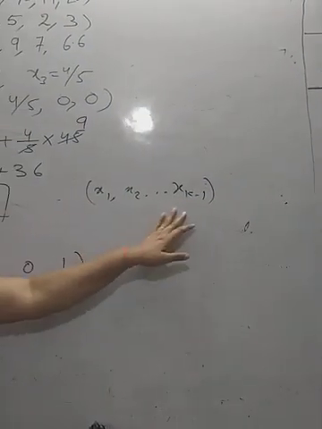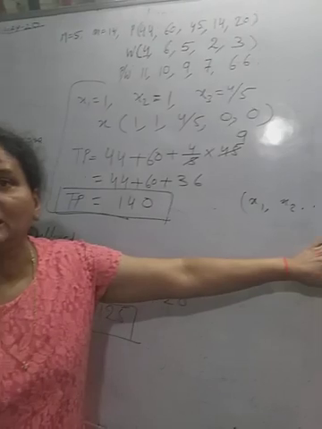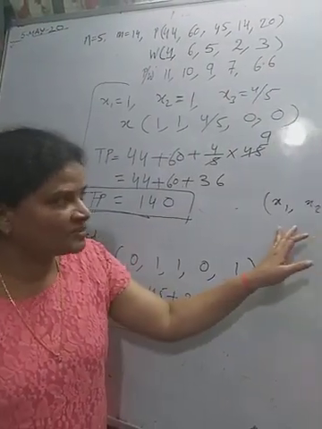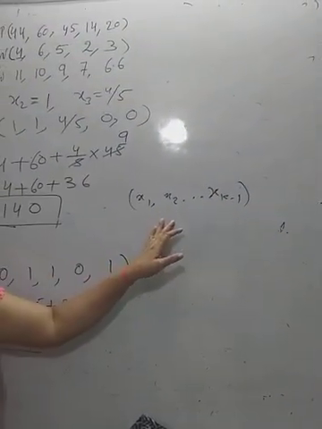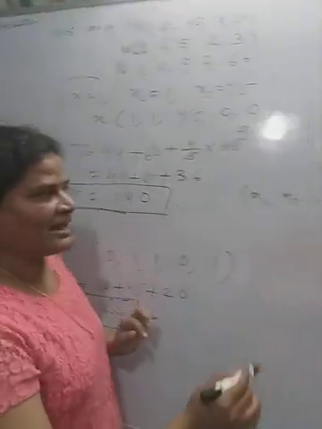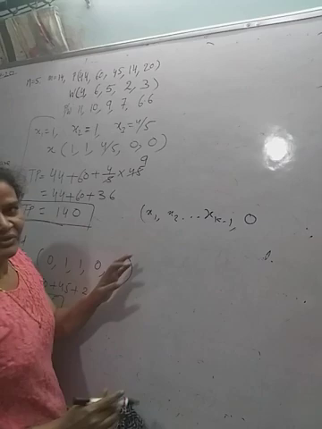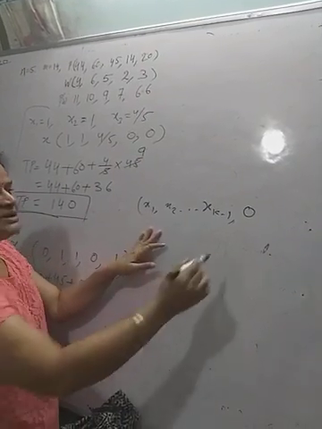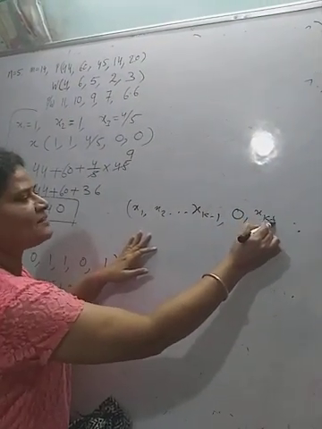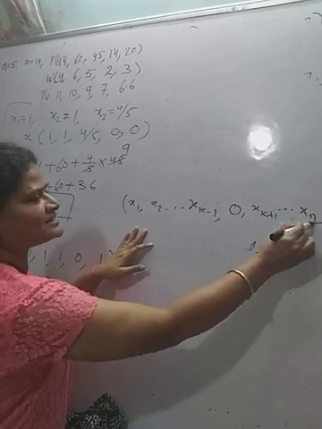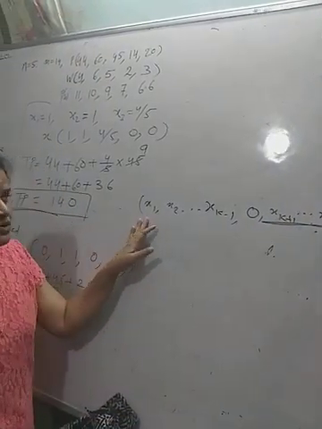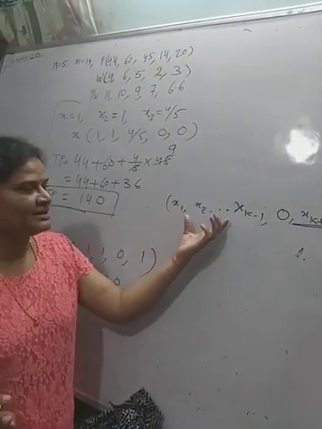Some of the xi's are 0, some of the xi's are 1. And here xk is 0, xk is removed, and then xk plus 1 to xn.